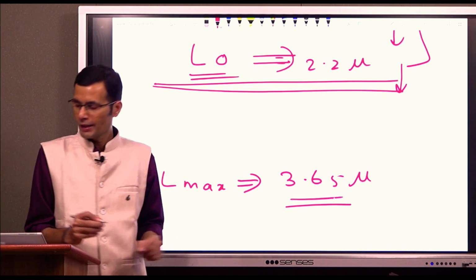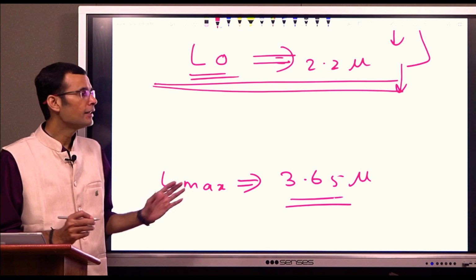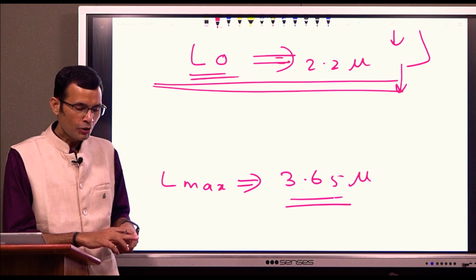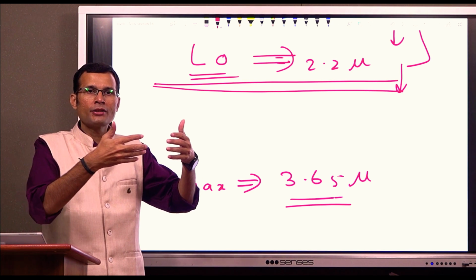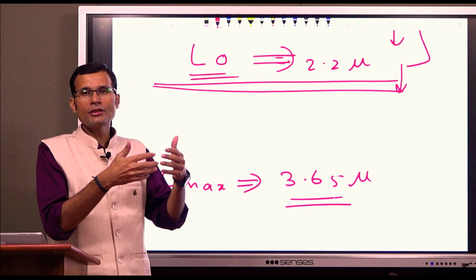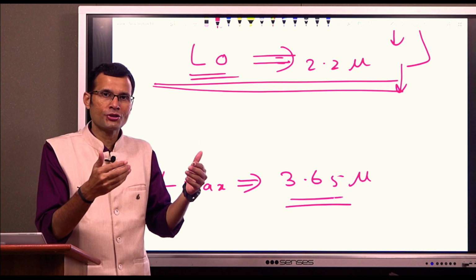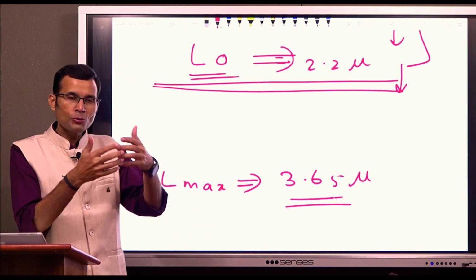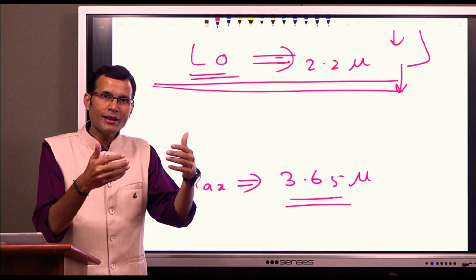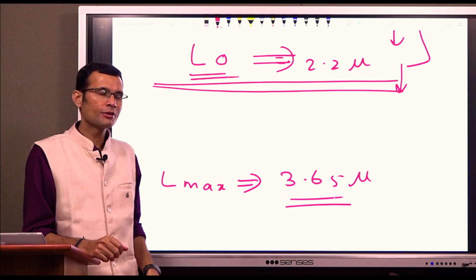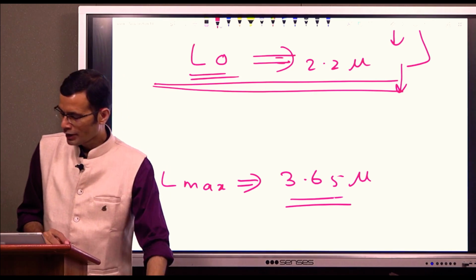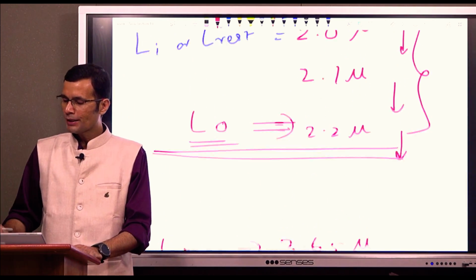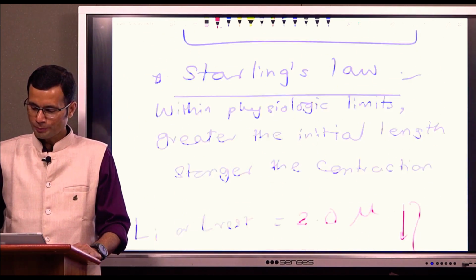At this length, there will be hardly any contraction because you have stretched the muscle so much that the actin myosin interdigitation is lost completely. So, from that length, if you try to produce the contraction, there will be very weak contraction, virtually zero contraction. So, that's an interpretation of the Starling's law.